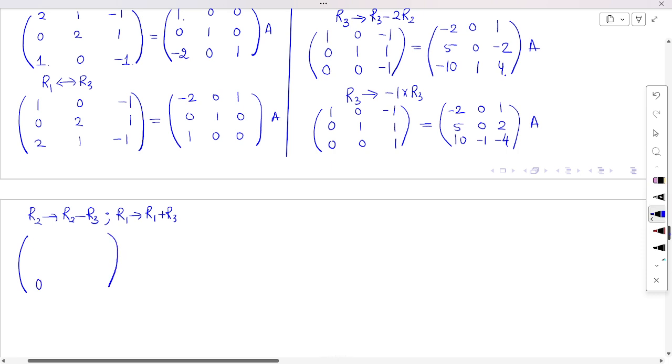Row 3 remains intact. Then 0 plus 0 is 0, 1 minus 1 is 0, and 1 plus 0 is 1, and minus 1 plus 1 is 0, it was also 1 here.